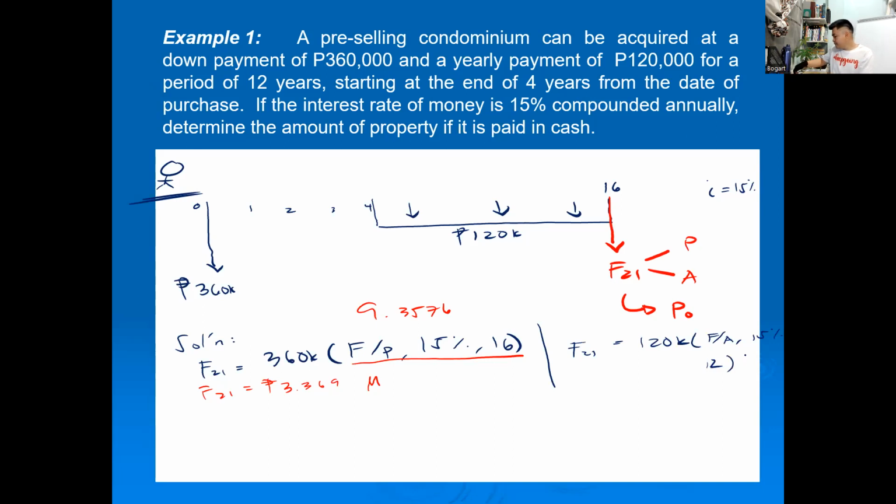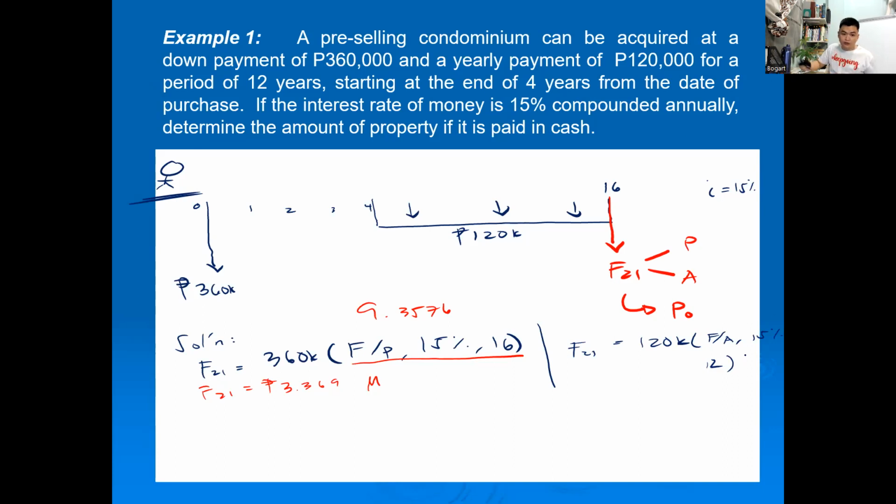So, punta ulit tayo sa table. Finding F given A. Ito na class, oh. Nakikita ko. Finding F given A at 12 years, that will be 29.007.